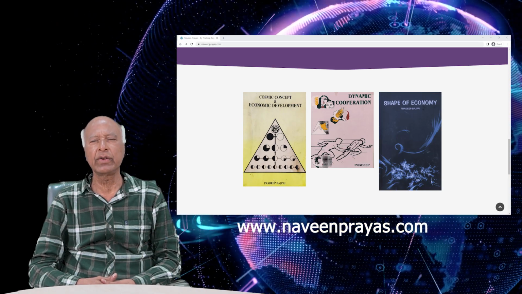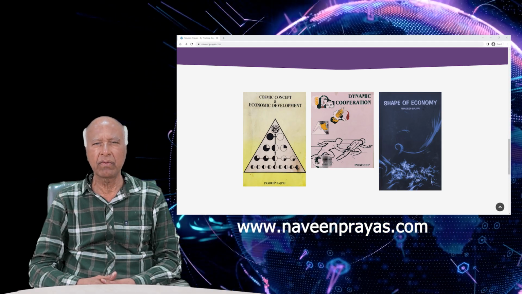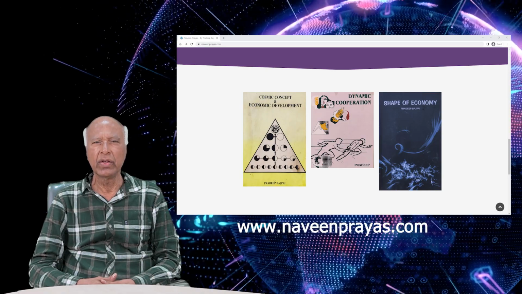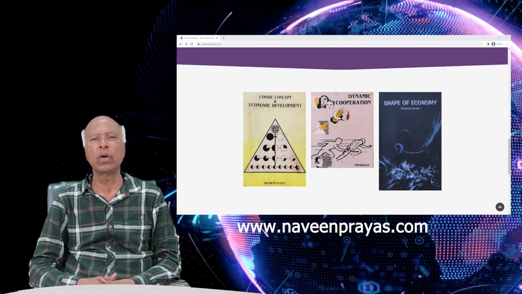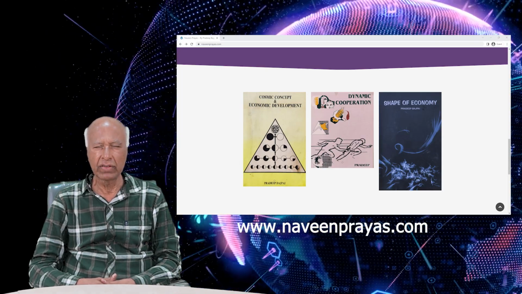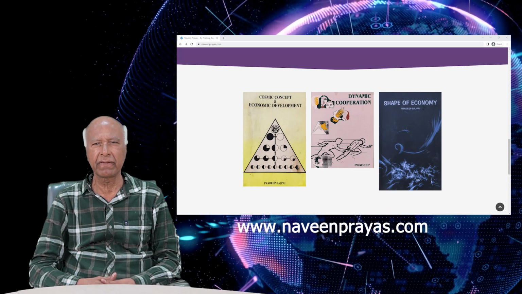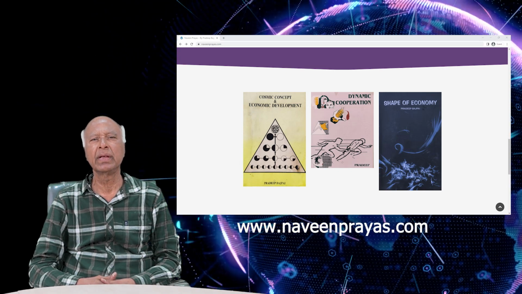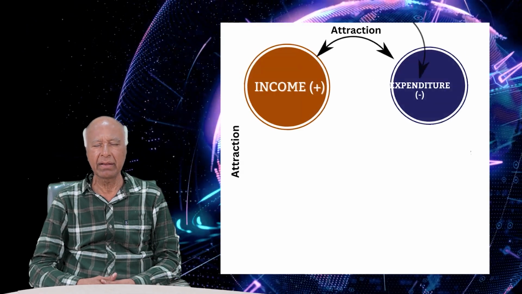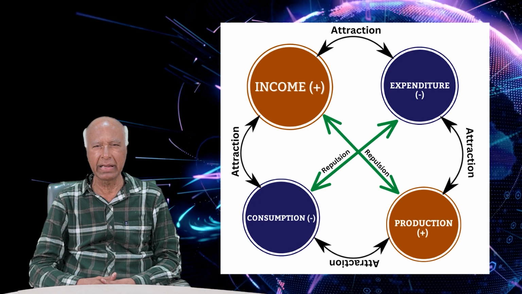The initial introductory part was not very important, but for understanding this session, you must turn to page number 13 of this book, where this graph is shown and has also been explained.